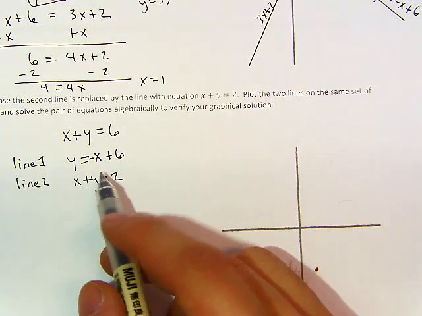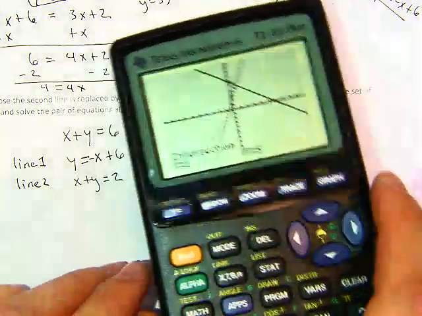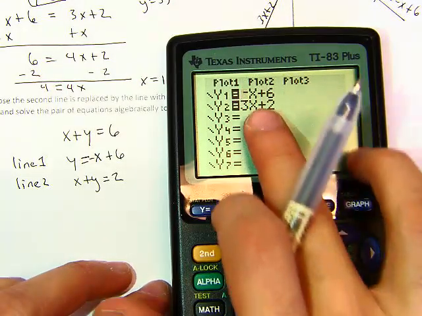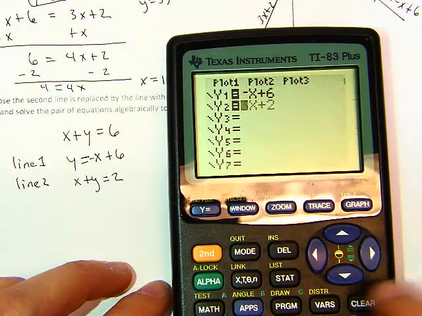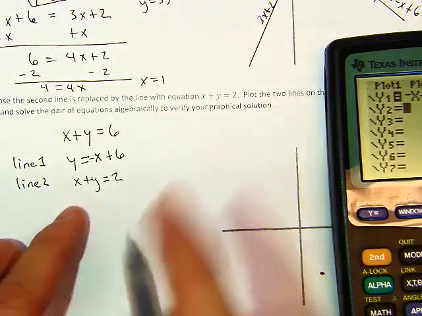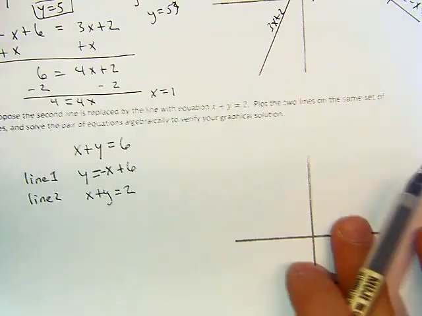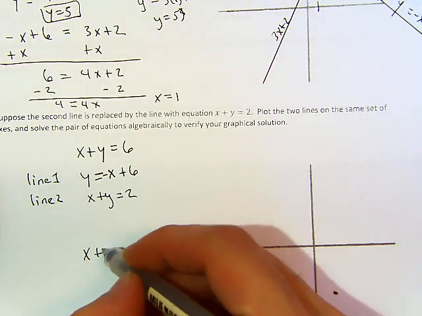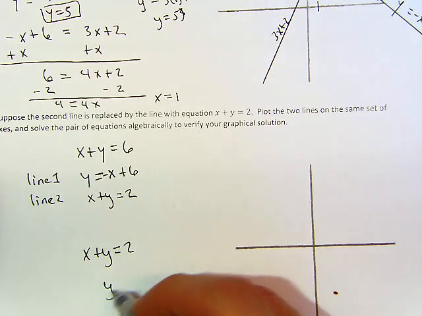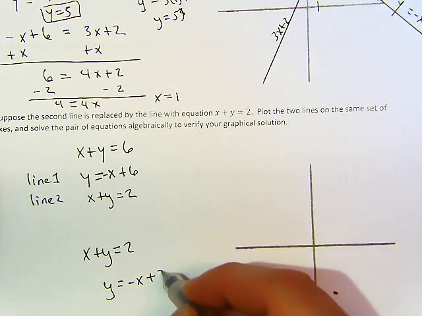Okay? So here, this y is equal to negative x plus 6. We already have that, right? So this one we keep. But how do we have to get this x plus y equals 2? We have to get it into the y is equal to mx plus b format. So here, if x plus y is equal to 2, y is equal to negative x plus 2.